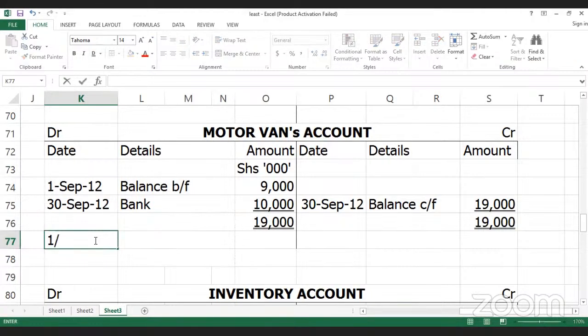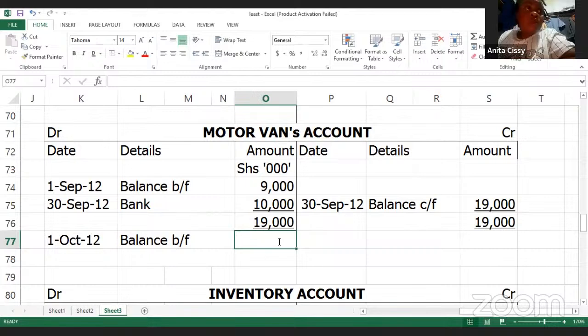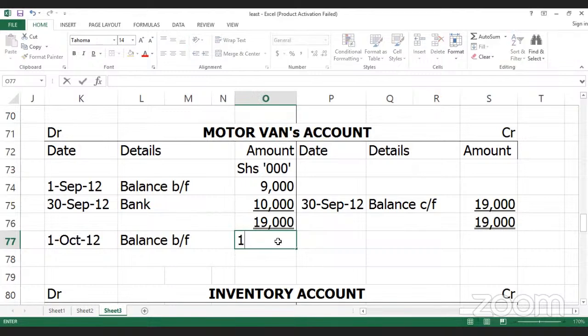This 1st October 2012, balance brought forward, that is 19,000.